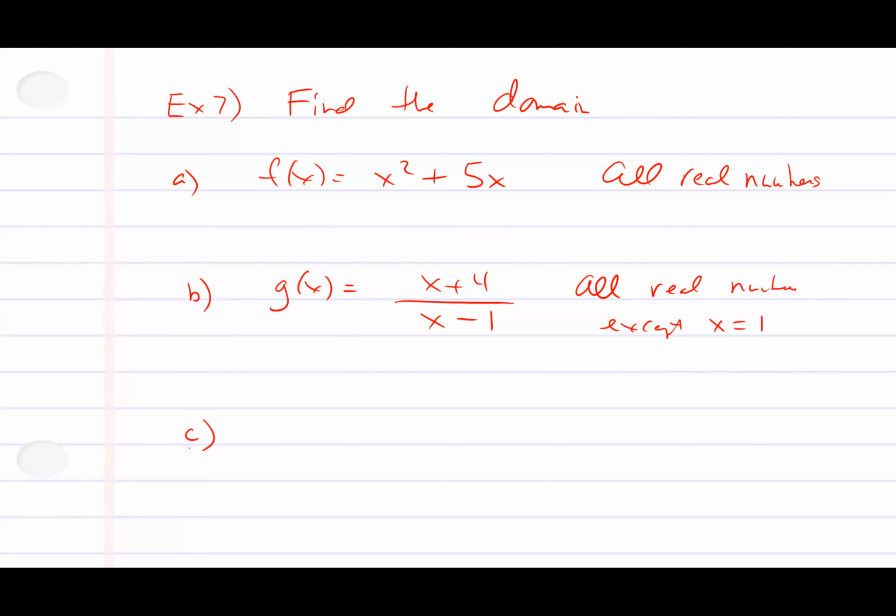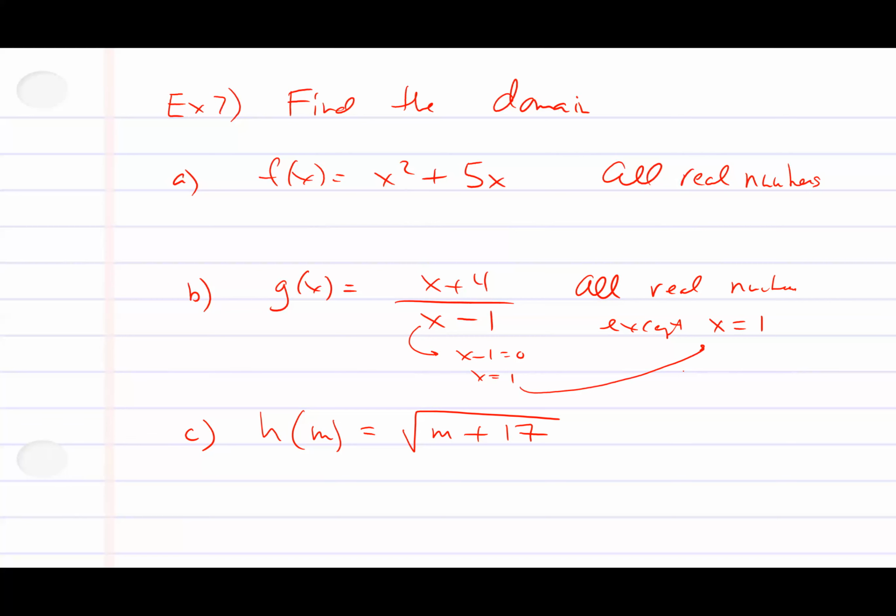Okay, and then let me just throw in a weird one here. How about h of m? We're going to go square root of m plus 17. If you wanted to do it algebraically, you can put this guy here set equal to 0, and notice when you solve it, that's when there's your exception.